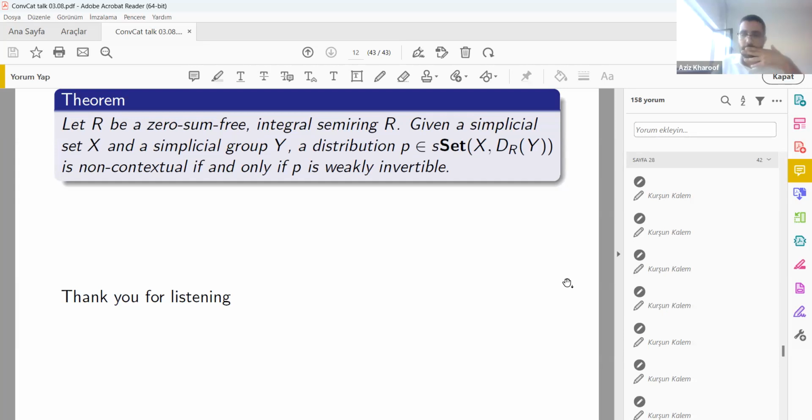Yeah, actually here it is easier, because if you think about it, a simplicial set is a functor from delta opposite to sets. So you just compose this with the distribution. If you have another functor like this, you can always do this.